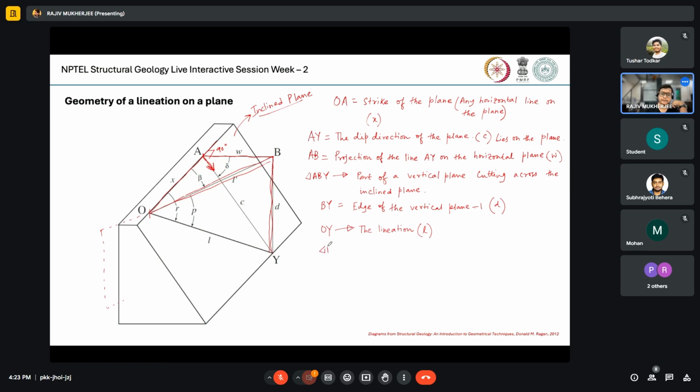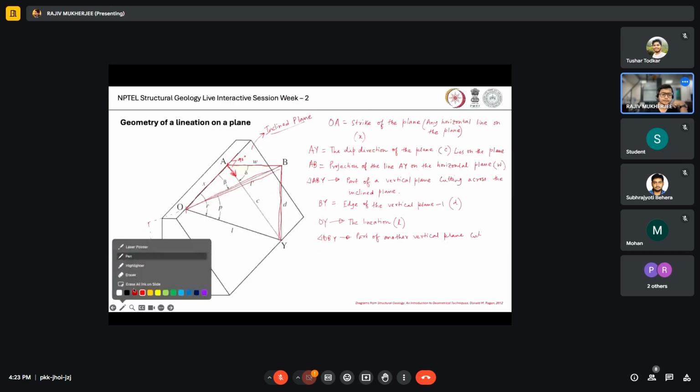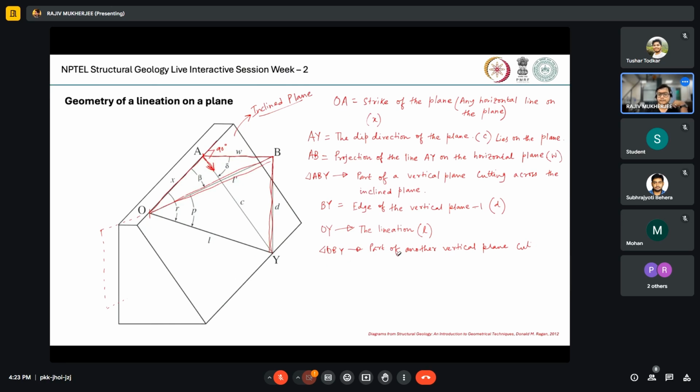So triangle OBY is part of another vertical plane passing through OY, cutting across the inclined plane.